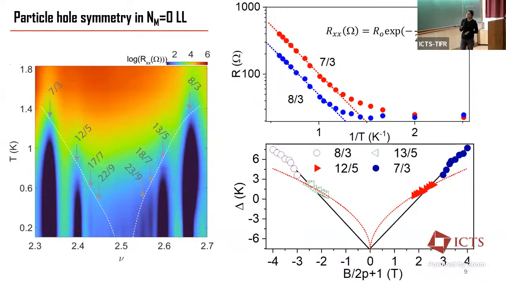The blue circles are for 7/3, the blue open circles are for 8/3, the triangles are for 12/5, and the green triangles are for 13/5. So this is the hole part of the fractional quantum Hall state, and this is the particle part, and they have very similar thermal broadenings and very similar effective mass, so I have not put the values here. And the dependence on the magnetic field is also the same for the 8/3 and 13/5 states.